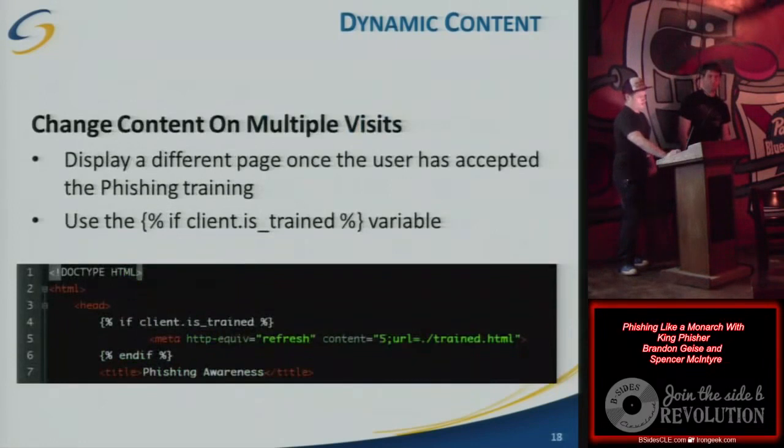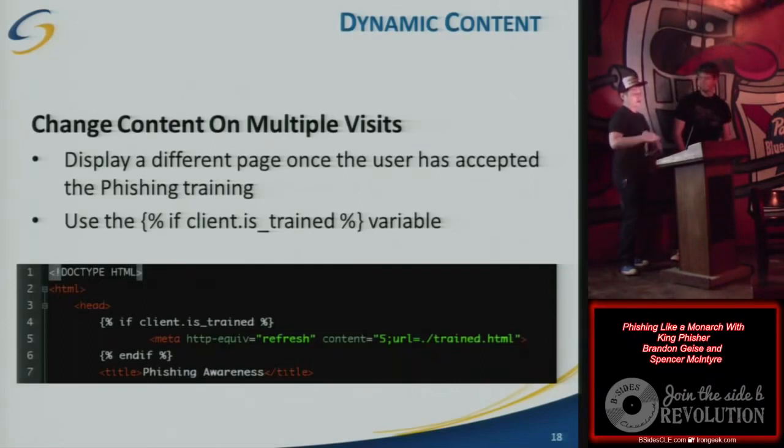This is another thing built in, kind of goes along with the variables. If you put this script tag up here, if client is trained, you can actually do a meta refresh to a different page. So it's kind of going along the same thing with if credentials are submitted, show a 404 page. This is if trained.